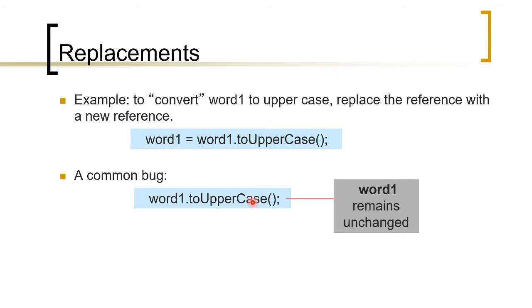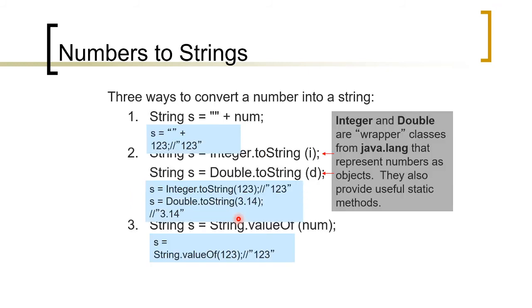To convert word 1 to uppercase, replace the reference with a new reference. Let's say word1 = word1.toUpperCase(). That is acceptable. A common bug is just writing word1.toUpperCase(); like that, word 1 will never change. You can assign it to another variable or assign it to a new reference.